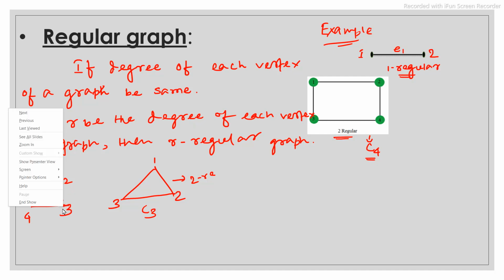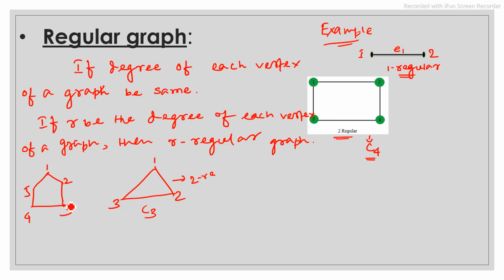Each vertex is connected with two edges, that's why each vertex has degree 2. So these are two regular graphs.